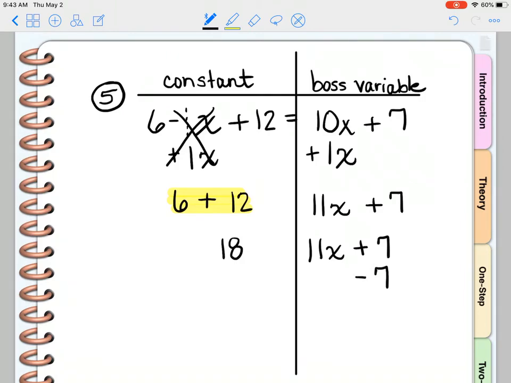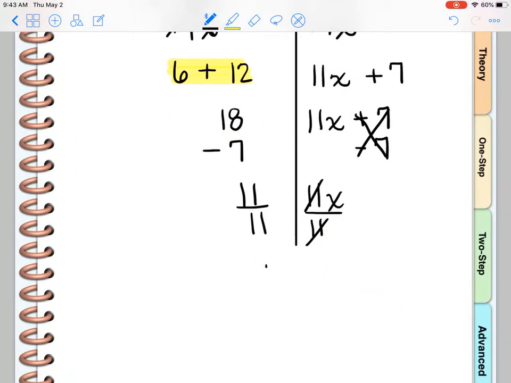So here's another constant that needs to get on the constant team. 18 subtract 7 is 11. And then on this side we're left with 11x. So divide the coefficient. 11 divided by 11 is 1, and then an x on the other side. So the solution to this equation is 1.